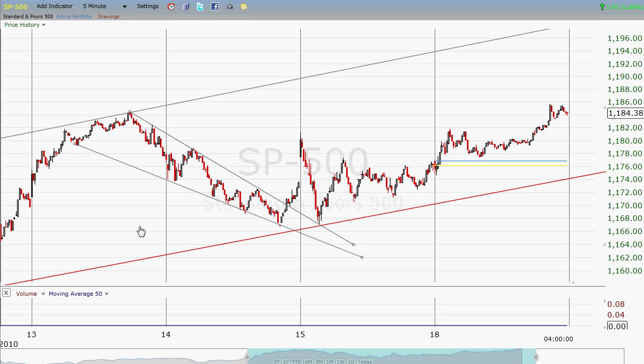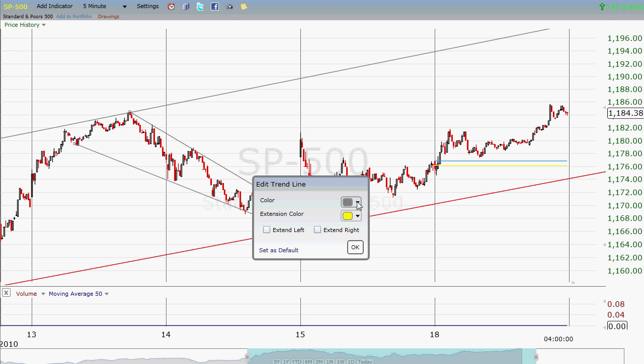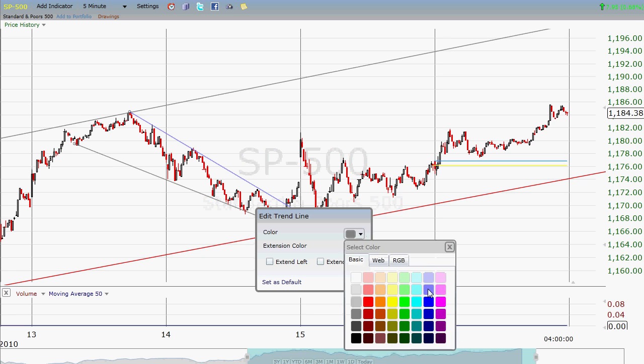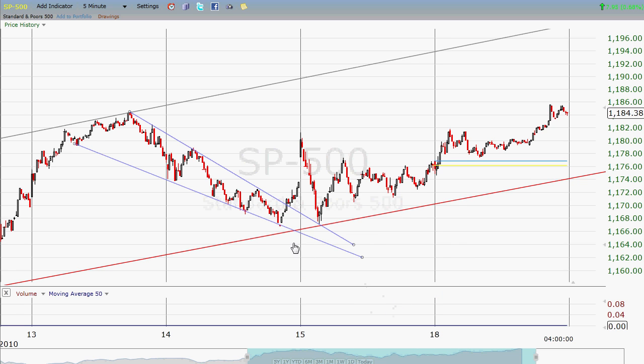And at that time, on Thursday, I said this had broken out. I said, don't be surprised if this comes back for a back test. I think it's very interesting that the back test did two things. It back tested the breakout from that wedge, and at the same time tested that rising line of support.